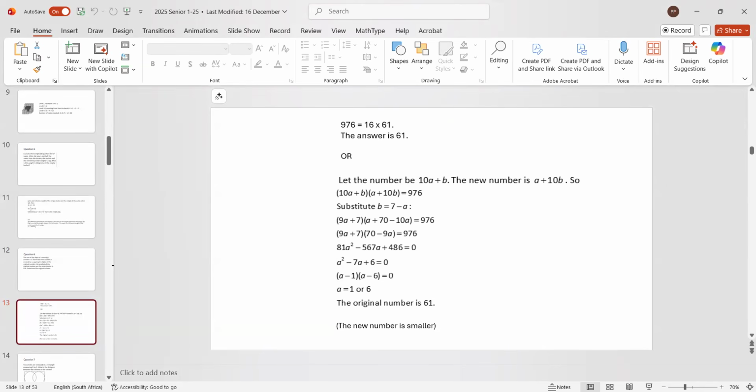and we know that the sum of the digits is 7. All right, so this is 10a plus b, and then you swap it around, it's a plus 10b.